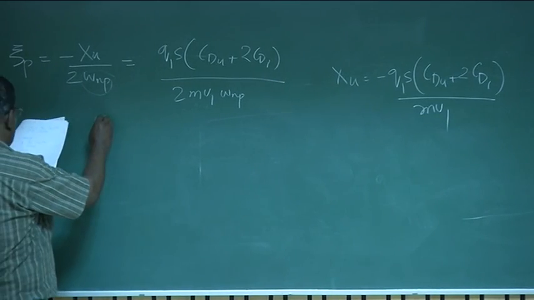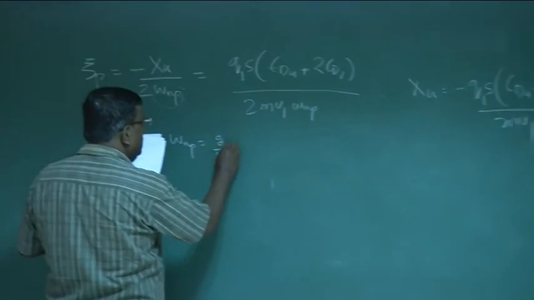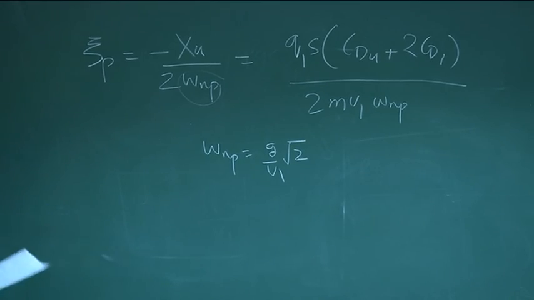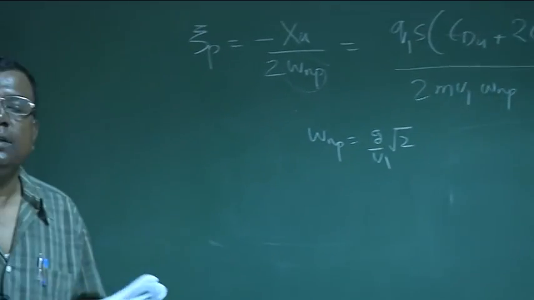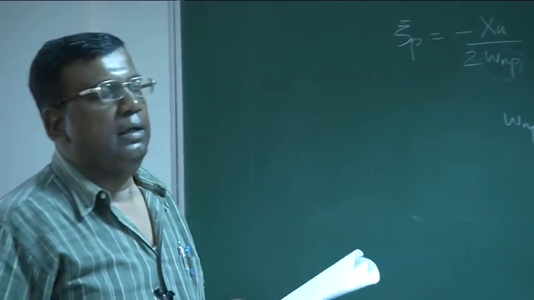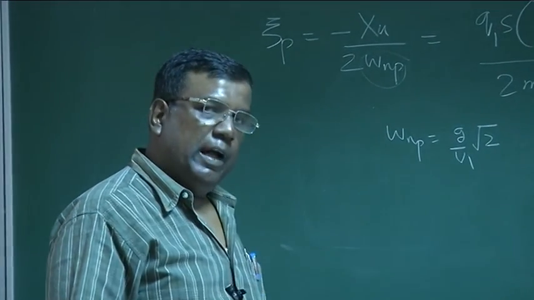Now we know omega n Phugoid is g root 2 by U1. Please understand here, from the beginning we are analyzing this assuming no thrust effect, so it's like a power-off case. And I have always been telling you thrust and drag are of similar nature, so whatever you do here, you can extend it for thrust also.